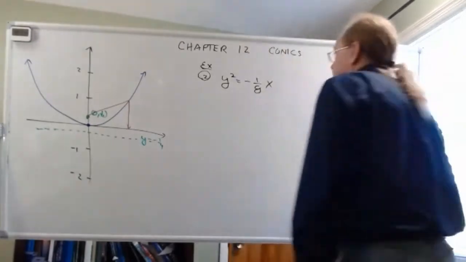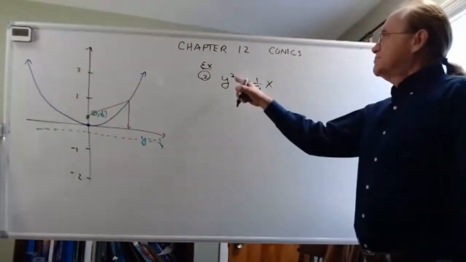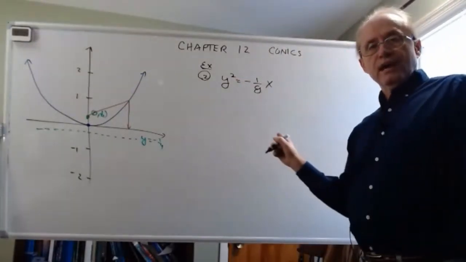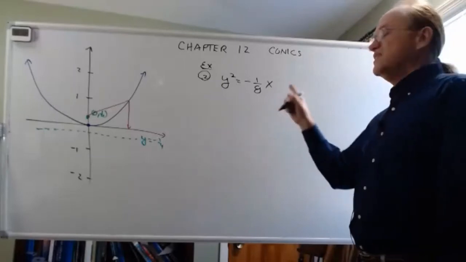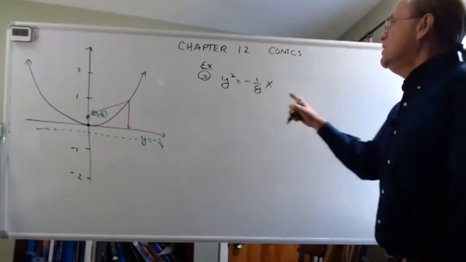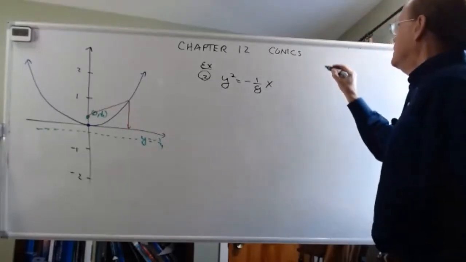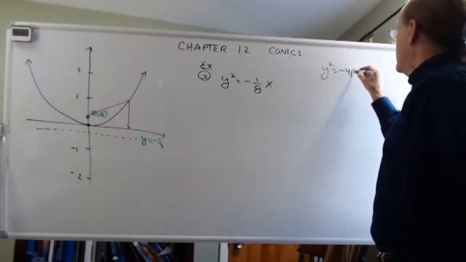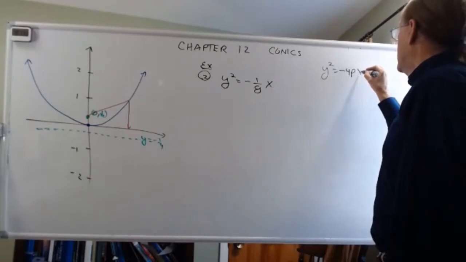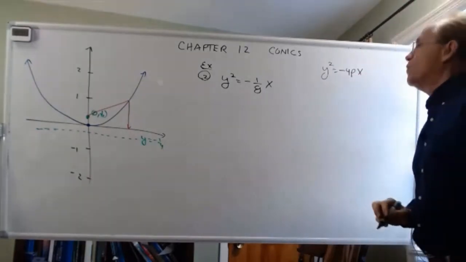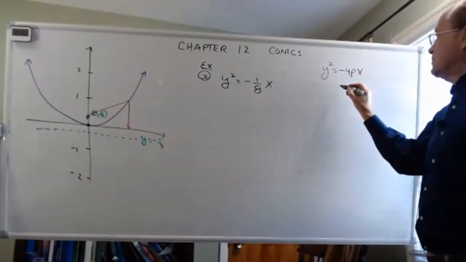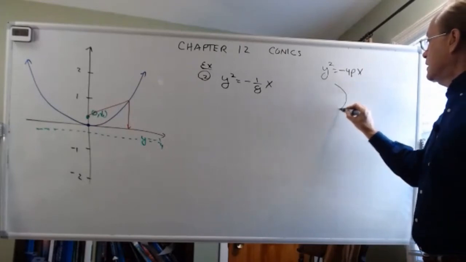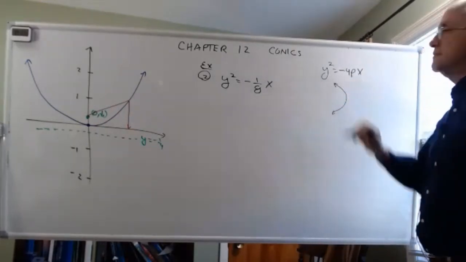This is going to be a parabola that's opening up sideways. We have a different idea over here. The form we're comparing it to is y squared is equal to a negative 4px. That's the general form, a parabola that will open in that direction.